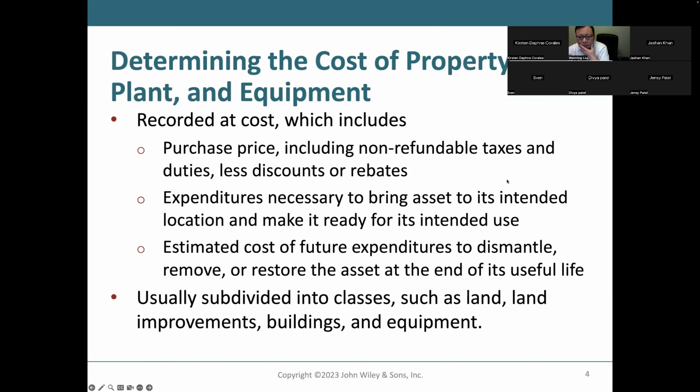Can you imagine you all going to Best Buy to listen to your lecture teaching you accounting? Because why? Because the projector is there. The projector is not ready for the intended use, right? So in order to recognize it as your asset, it has to be ready for the intended purpose of use.